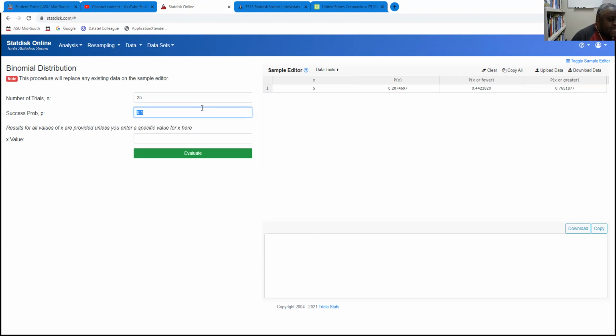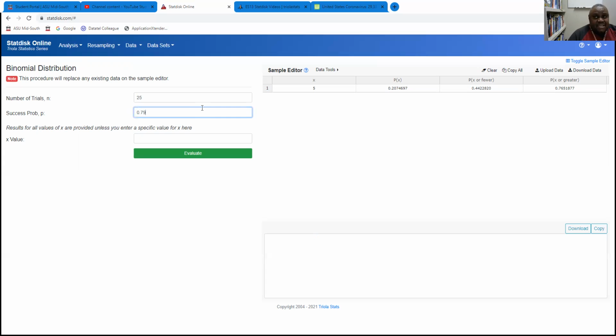It says 79% of adults need correction for their eyesight. That means the probability of someone needing an eyesight correction would be 0.79. So we're going to type in 0.79 in that box.